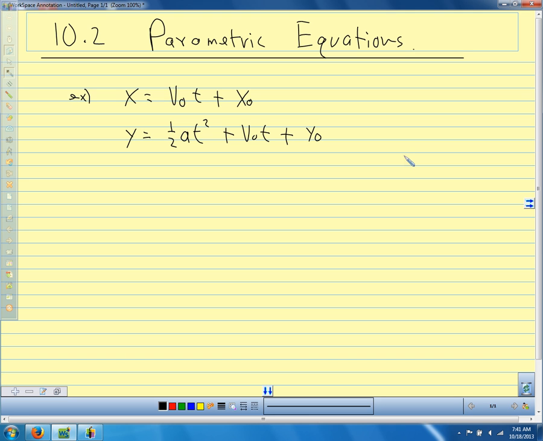The path of a set of parametric equations, we call it a plane curve. I'm just talking about a little terminology here. So when you see these terms in your textbook when they're talking about a problem, the path of a set of parametric equations is called a plane curve.